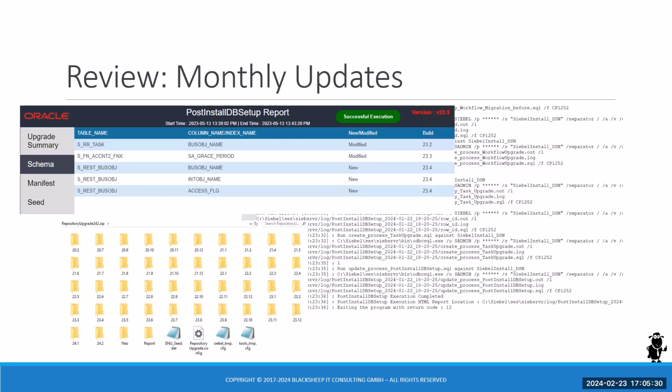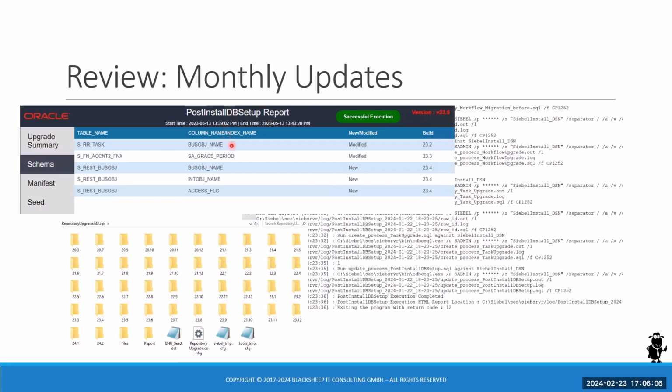And the mandatory part includes schema changes, also seed data import, and sometimes there's manifest, OpenUI manifest data that's imported. Depends on what version you're coming from, because the bigger the gap, the more things are going to be updated or inserted. So that's a post-install database setup, which is mandatory, as you all know.